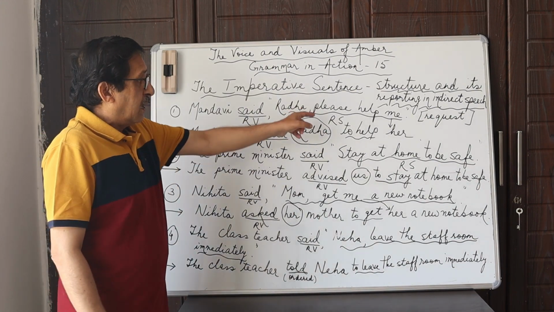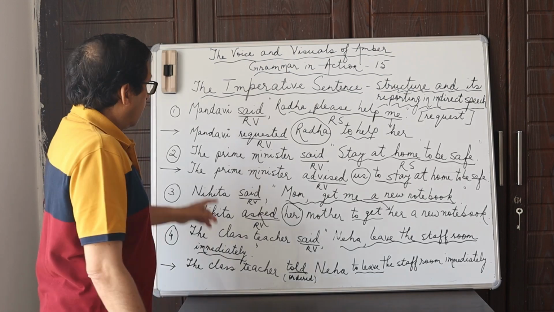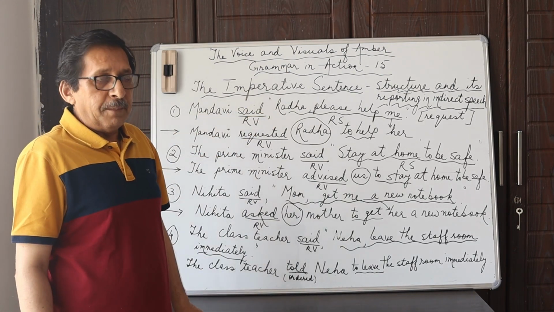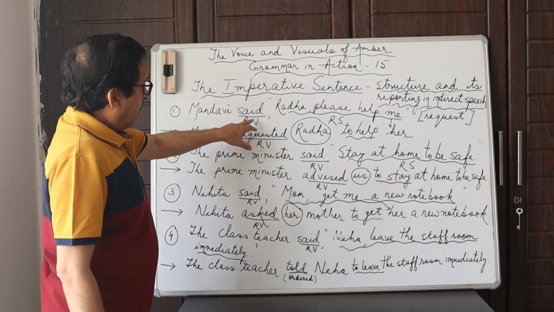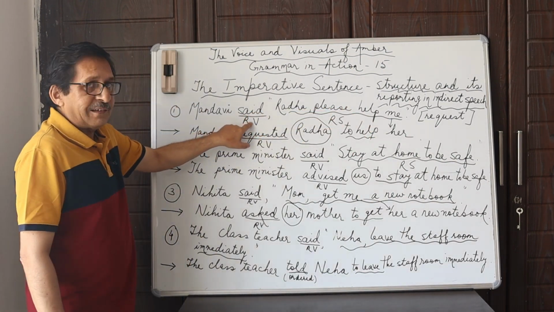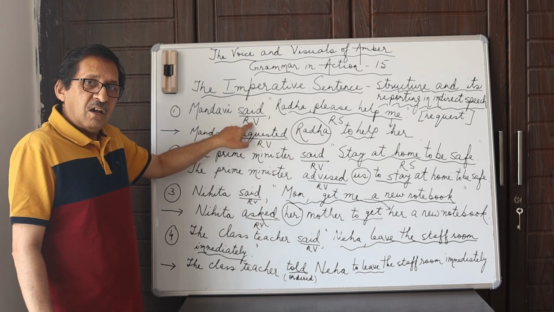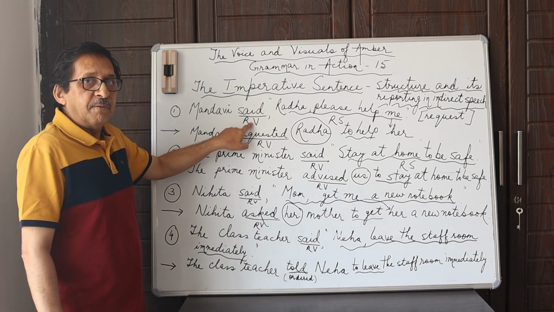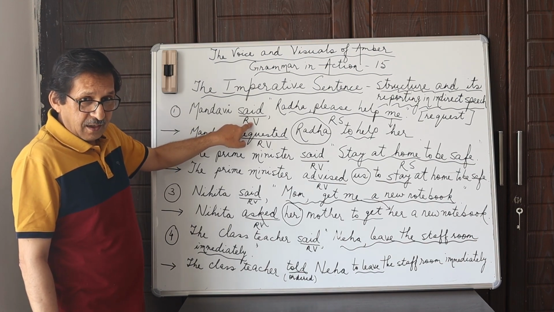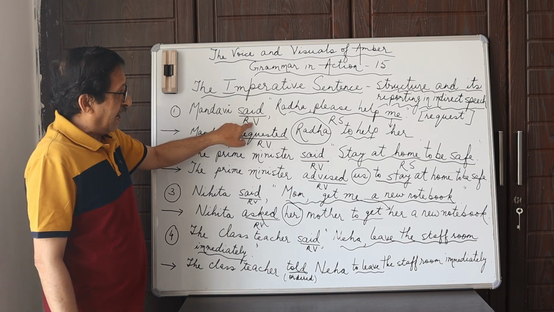So it is called the reported speech. So Mandavi said, Radha, please help me. Now, please indicates it's a request. So we have to first look at the tense of the reporting verb. Here it is said. So said is in simple past tense.